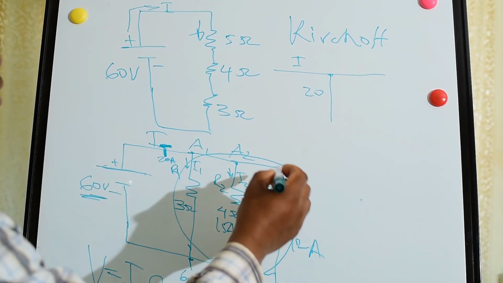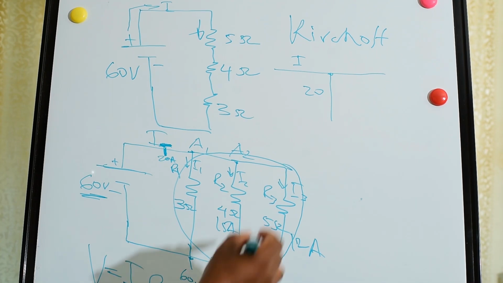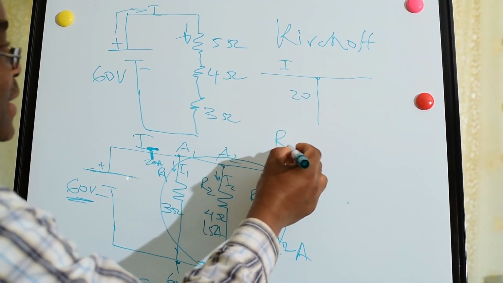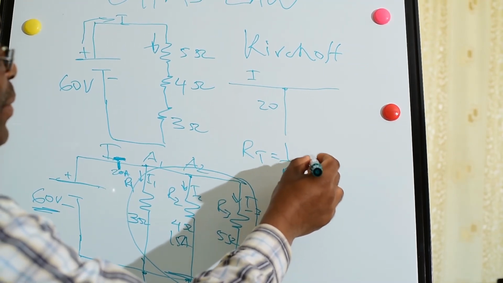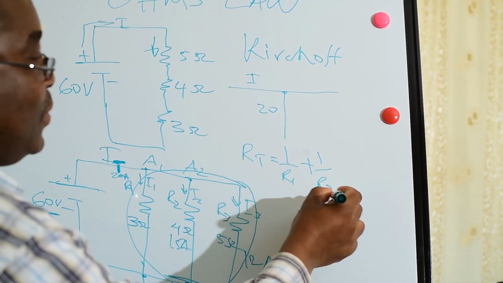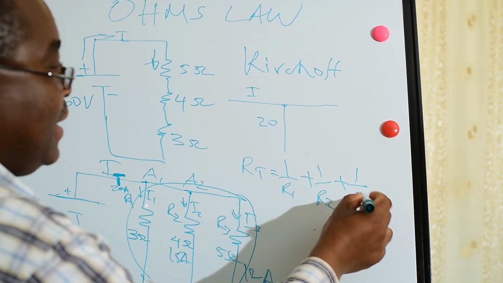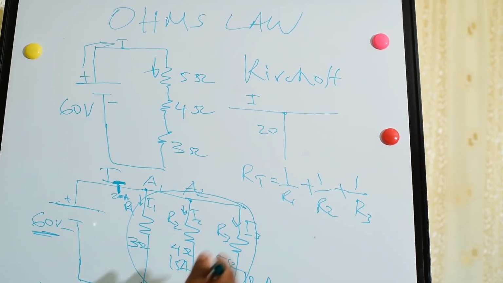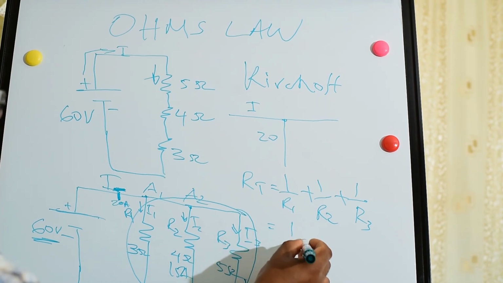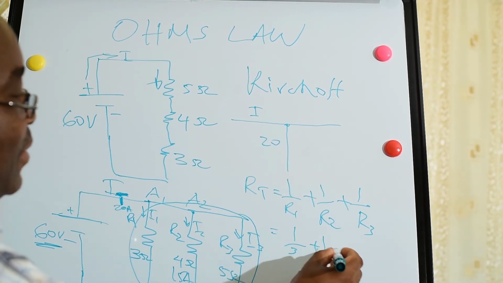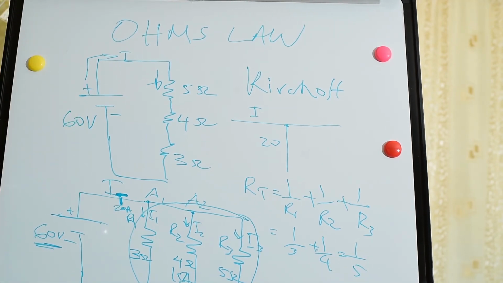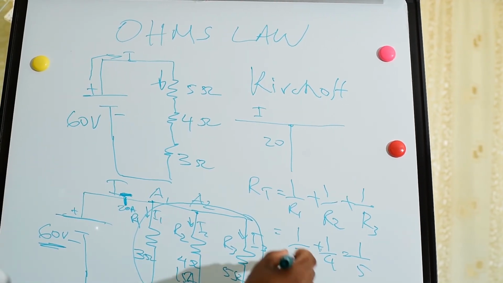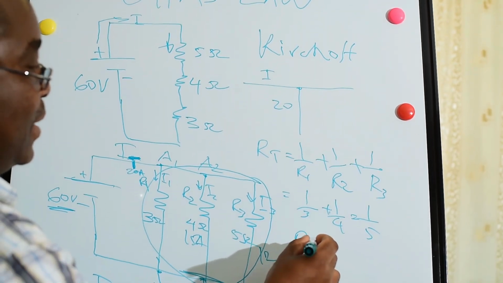In a parallel circuit, the total resistance is 1 over R1 plus 1 over R2 plus 1 over R3. So here we have 1 over 3 plus 1 over 4 plus 1 over 5. This will give our total resistance.